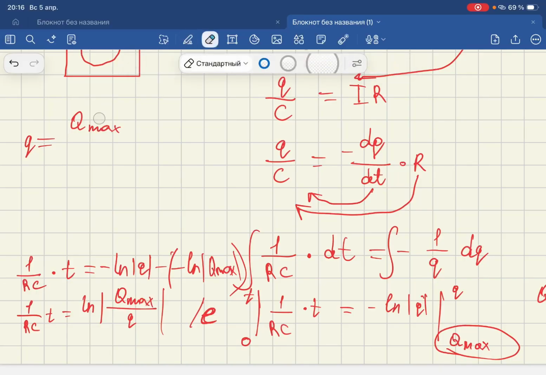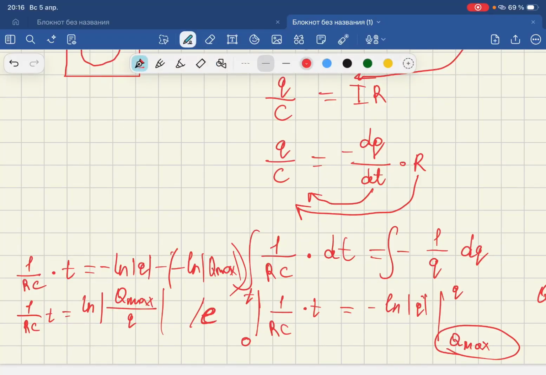Let's first of all put the e. Maybe some people will not understand that. E to the power 1 over RC times T is equal to Q max over Q.